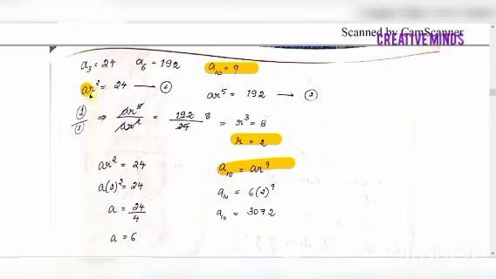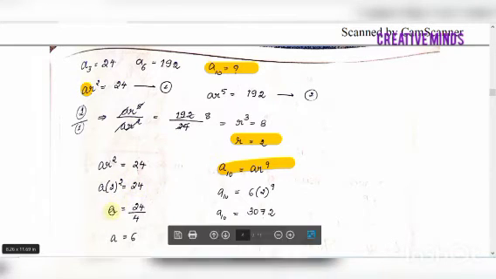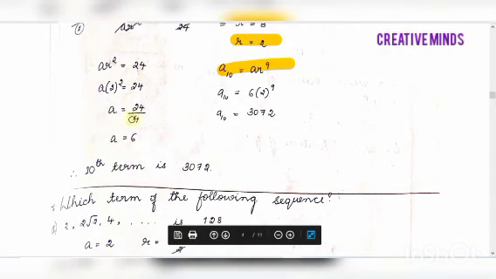So here we have a r squared is equal to 24. We already found r is equal to 2. So a into r squared, that is a into 2 to the power of 2, is equal to 24. So a is equal to 24 by 4, that is equal to 6.